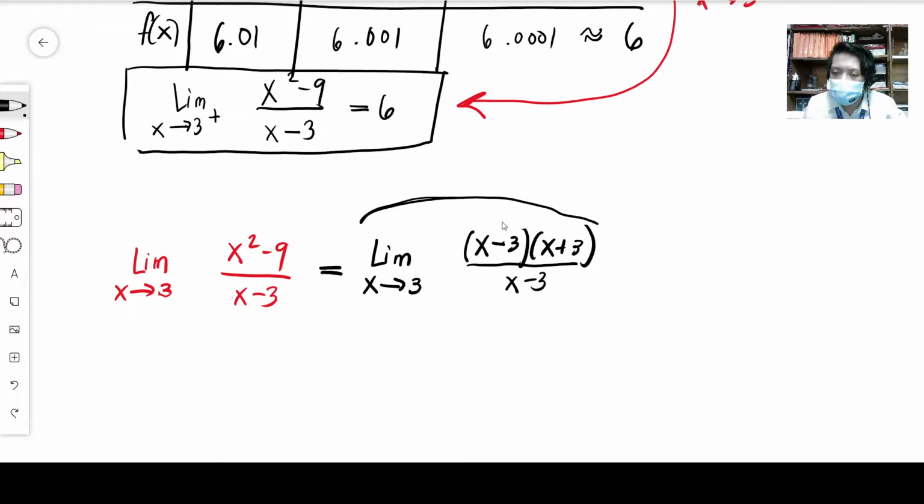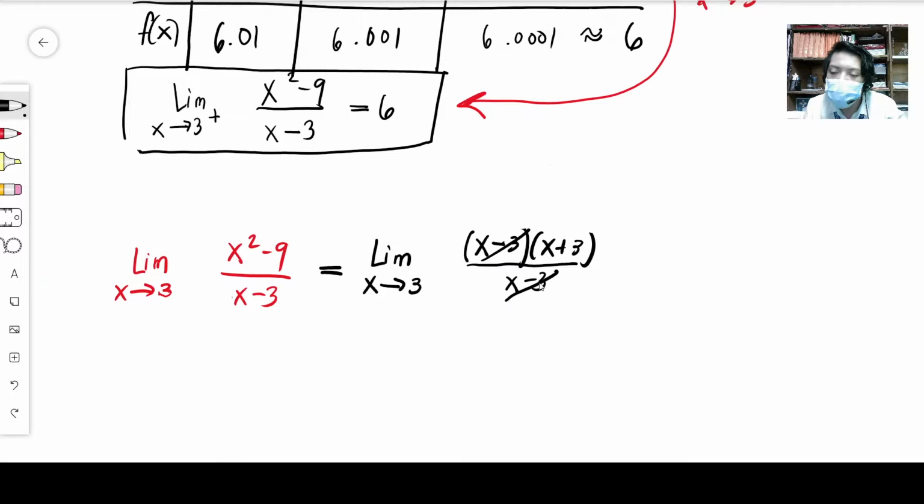Now, let me erase this one. The next step: there is a common factor in the numerator and the denominator, so we can cancel x minus 3.